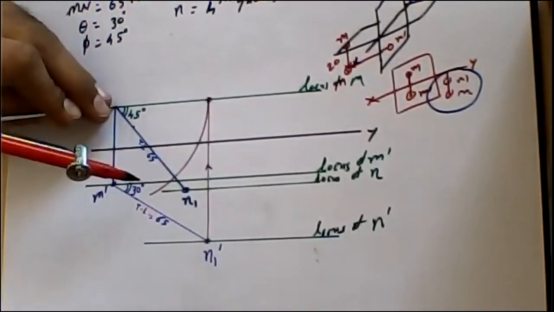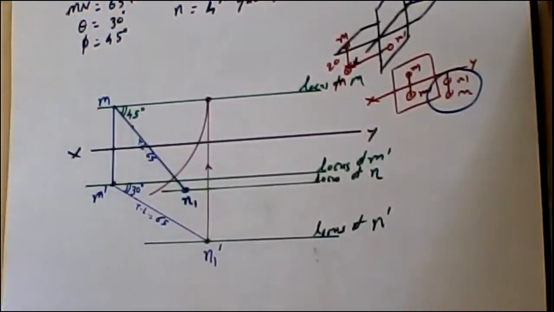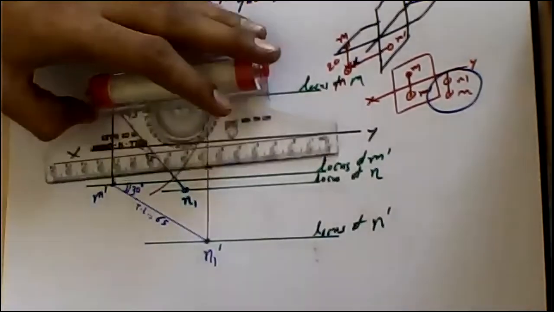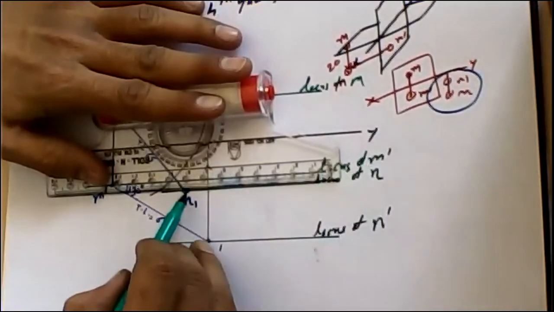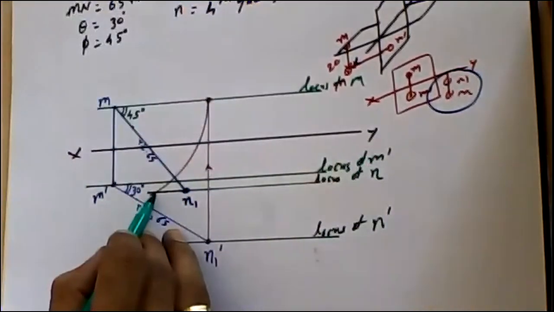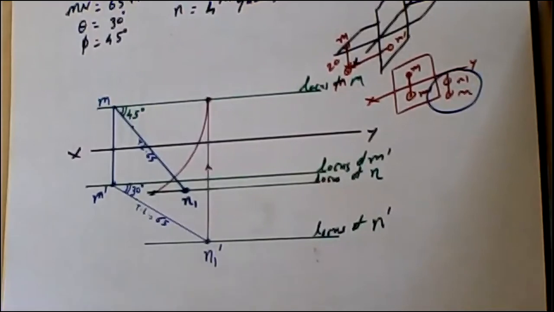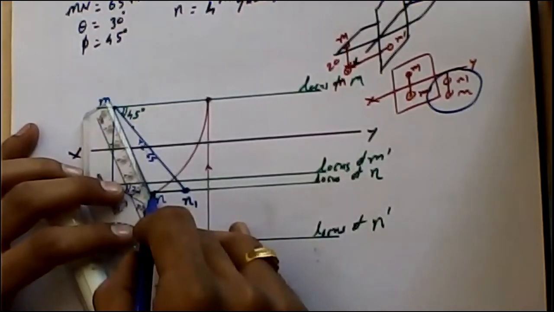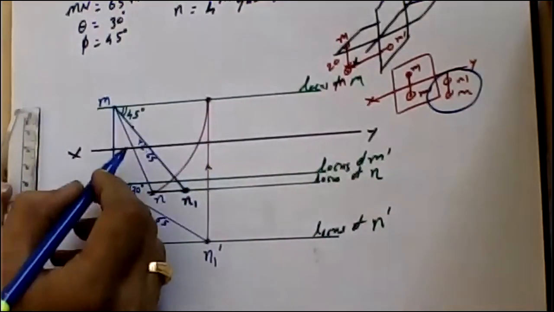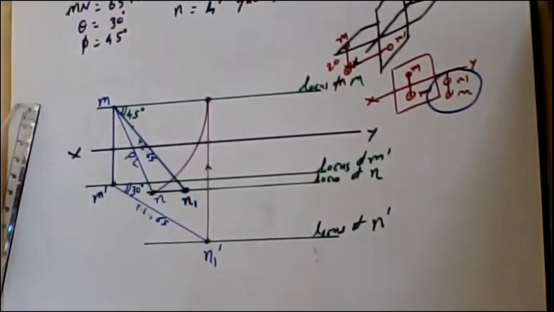So it is going to intersect over here at the locus of N. I'm extending the locus of N to find the location. Now let us mention it. So this is going to be called N, and MN is the plan length.